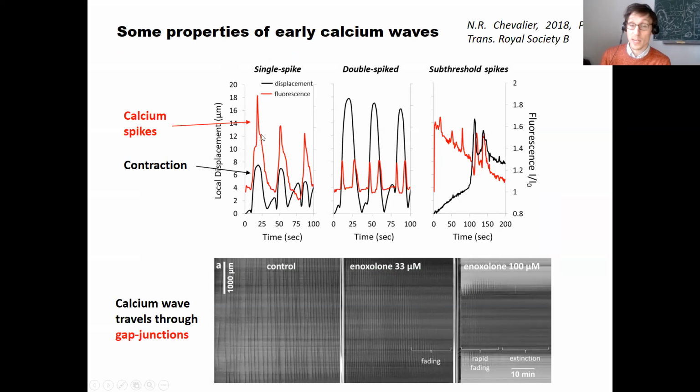The fluorescent spikes have the typical shape of calcium spike in smooth muscle with a sharp uprise and slower decrease. Sometimes we get two calcium spikes for one contraction. Sometimes we get calcium spikes but no contractions. We found that the calcium wave travels through gap junctions. If we inhibit them with enoxolone, the calcium waves, the contractile waves will eventually vanish.